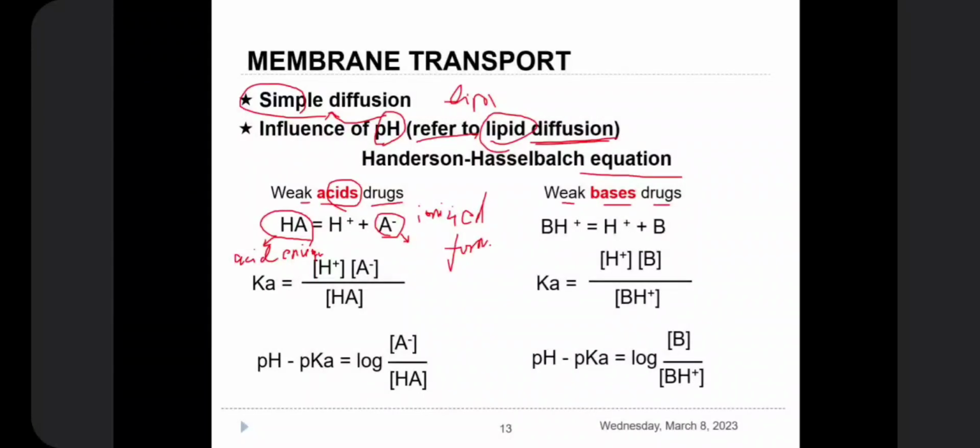Okay, this is the first one I wanted to introduce. Next one, for the base drugs. A base drug in the acid environment can bind the hydrogen ions and become the ionized form.